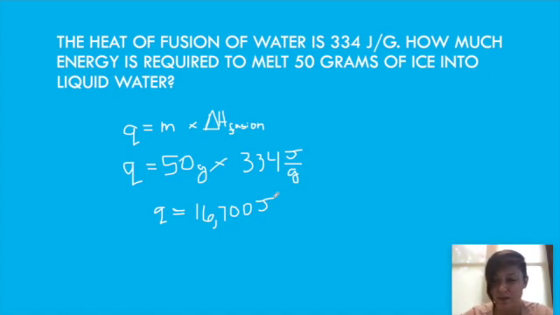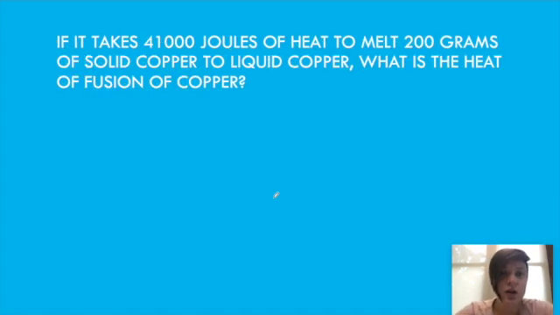Okay, let's do another one. If it takes 41,000 joules of heat to melt 200 grams of solid copper to liquid copper, what is the heat of fusion of copper? Here we're actually looking for the heat of fusion. Again, our equation is Q equals mass times the delta heat of fusion, and in this case we're looking for this delta heat.